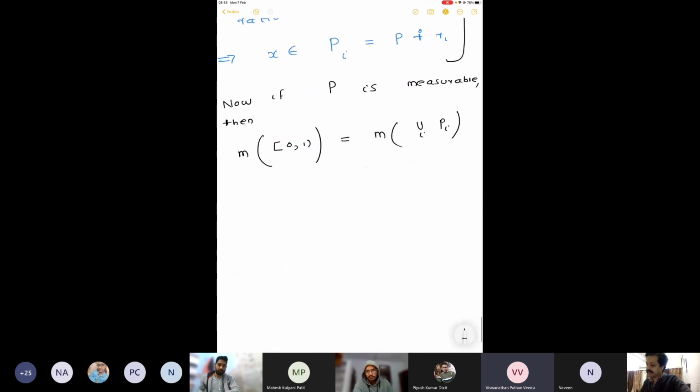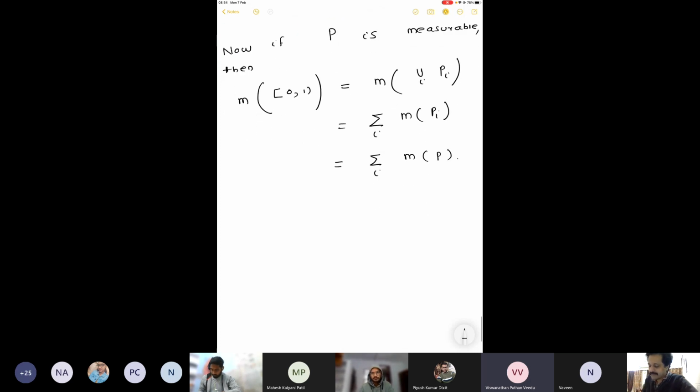Okay. So this will be summation over i of measure of P_i, because the P_i are disjoint and so on. And that is equal to summation over i of measure of P. Now, I don't know what is measure of P. If measure of P is 0, you will get summation over i of measure of P is 0.